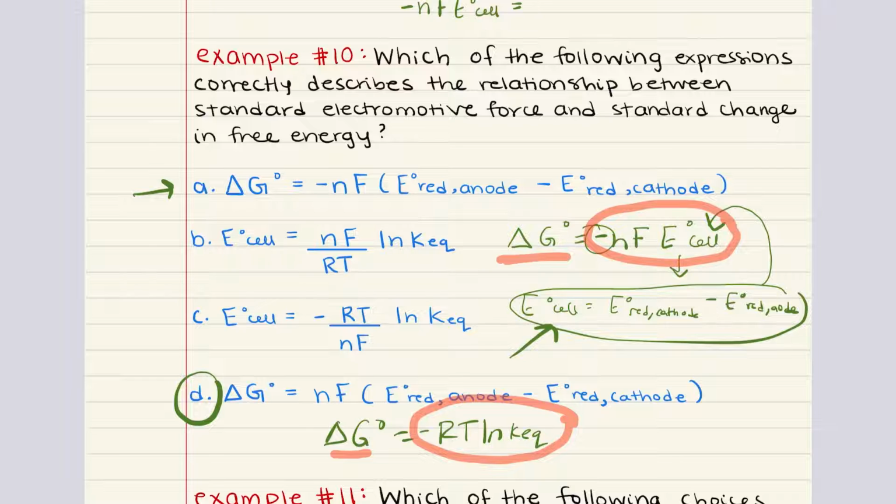If we want to redefine it so that we have on one side the standard EMF of the cell and all the other variables on the other side, we would get the following equation. The standard EMF of the cell is equal to RT over nF multiplied by the natural logarithm of the equilibrium constant. Neither one of these expressions matches this, so they are also incorrect.